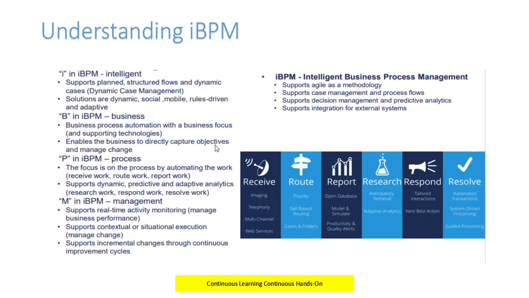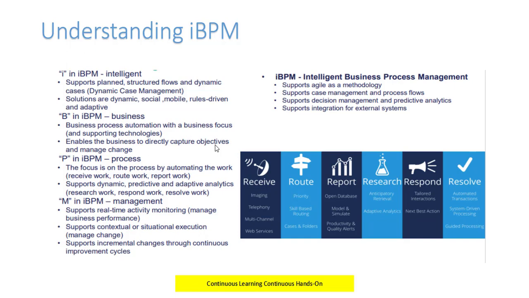You develop your business process by having different adaptive technologies, like the agile methodology, including case management, process flows, the integration of systems of other project managements, including the project designs and analysis. All this intelligence, AI and NLP, comes into the picture when you go with IBPM.